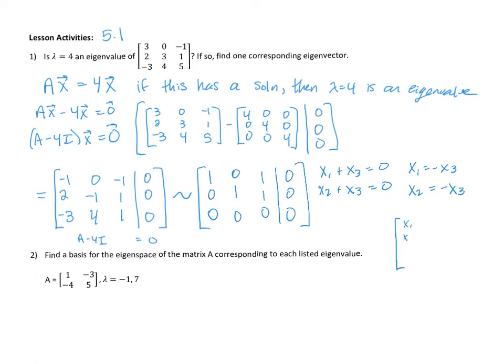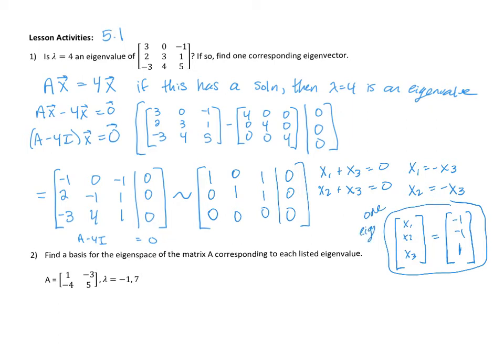So x1, x2, x3. x3 I get to pick because it's a free variable, so let's make it 1. So that means x1 and x2 are both -1. So this is one eigenvector. There are infinitely many. And the answer is yes up here, because we can find a vector such that Ax equals 4x.